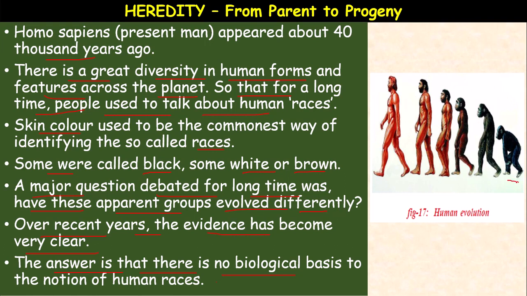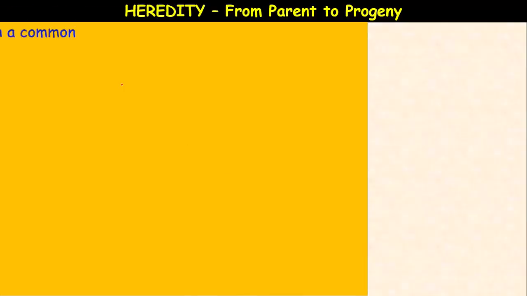Australopithecus, then Homo habilis, then Homo erectus, then Homo neanderthalensis, the next Homo sapiens fossilis, then Homo sapiens sapiens. This is the final, the most recent. This is the human evolution.